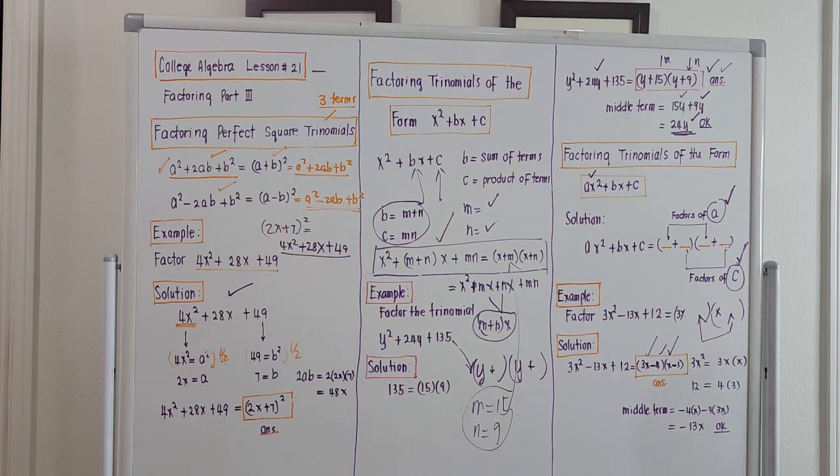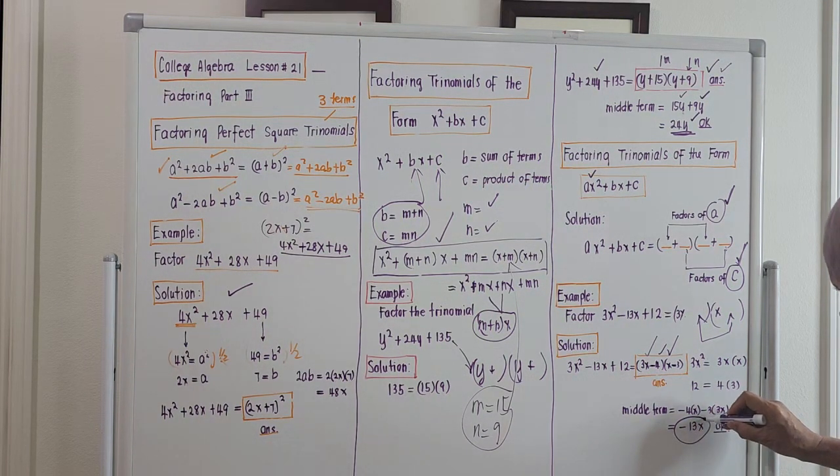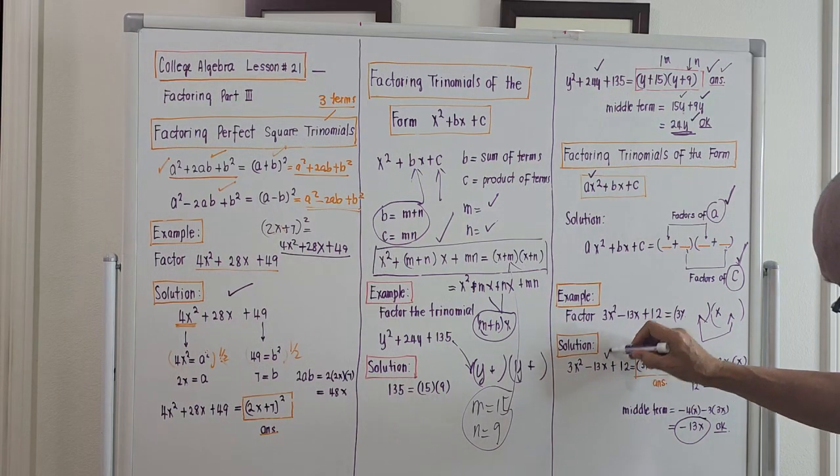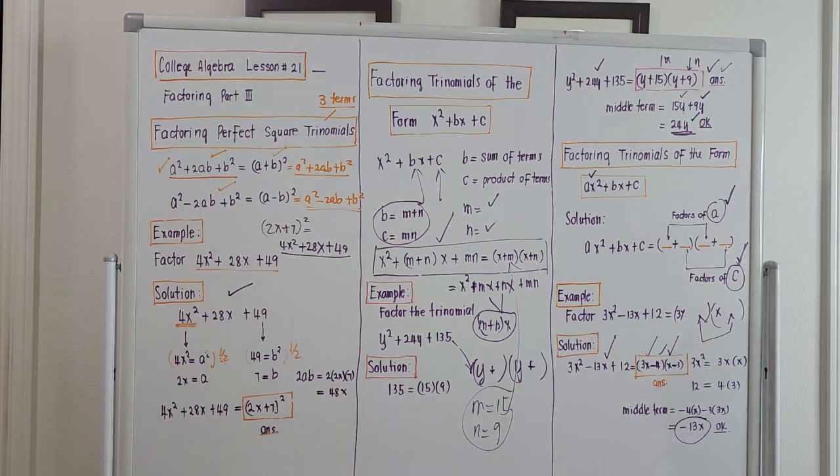The middle term will be the product of negative 4 times x, which is minus 4x. And the other half is 3x times negative 3, which is negative 9x. So minus 4x and negative 9x will be negative 13x. And since this negative 13x is equal to the middle term of the given trinomial, meaning to say this is the correct answer.